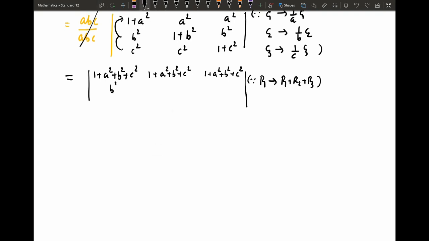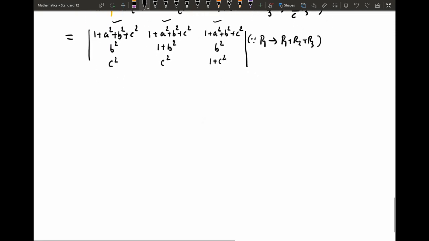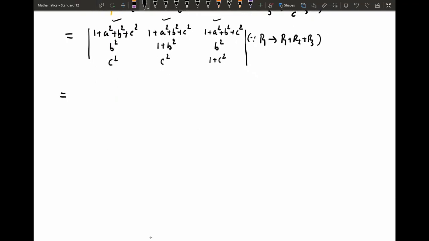Once we take common, we can think about the remaining operations. So B square, 1 plus B square, B square, C square, C square, 1 plus C square. Now let us take 1 plus A square plus B square plus C square common. Always put the bracket outside: 1 plus A square plus B square plus C square.